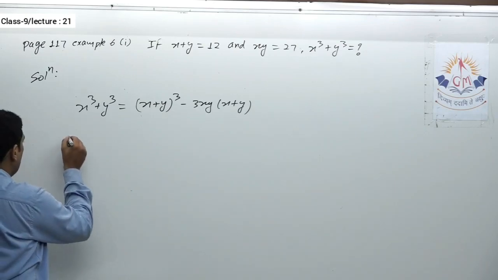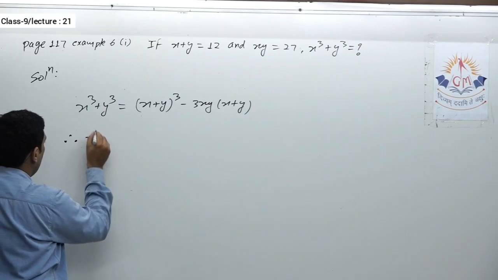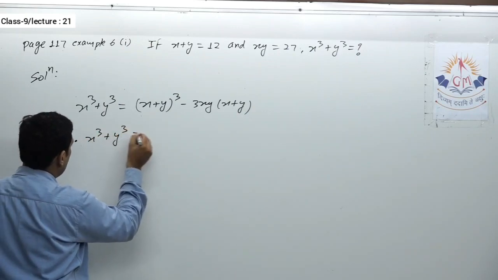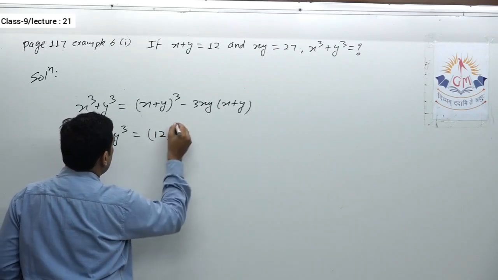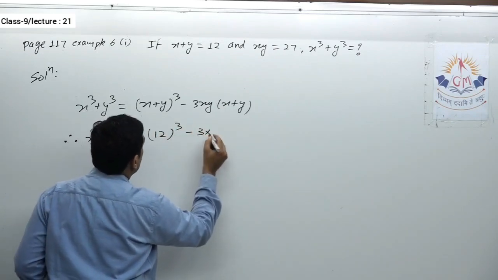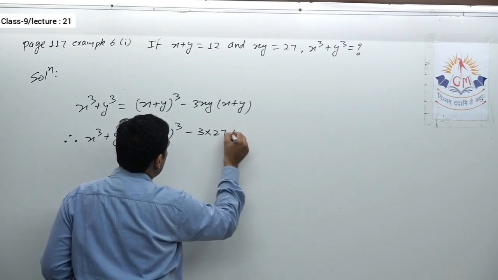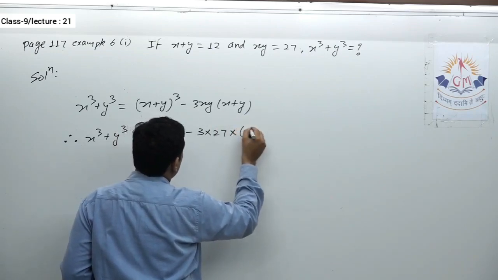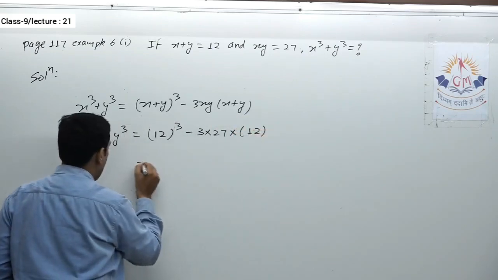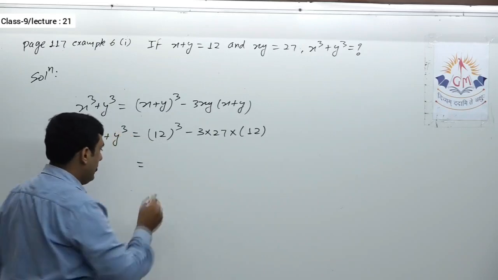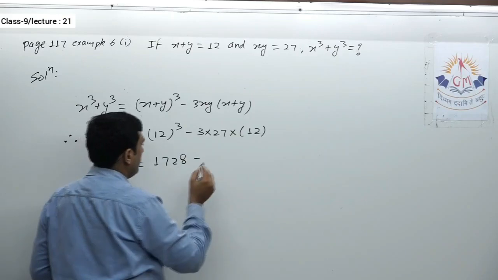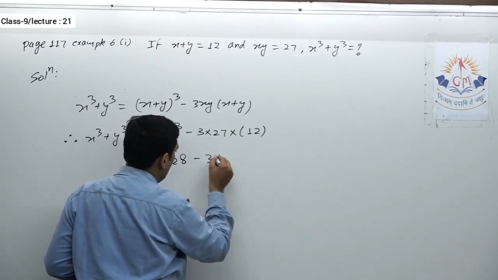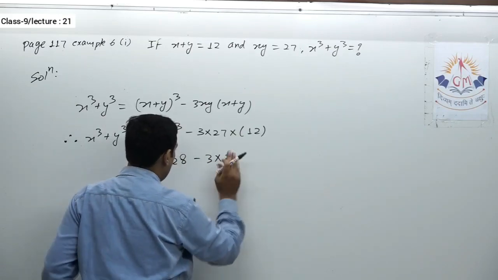Okay, so let us see how to find this. x cube plus y cube is equal to (x plus y) cube, that is 12 cube, minus 3xy(x plus y). xy is 27 and x plus y is again 12. Simply you have to multiply. Now 12 cube is 1728 minus, over here you have to multiply 27.